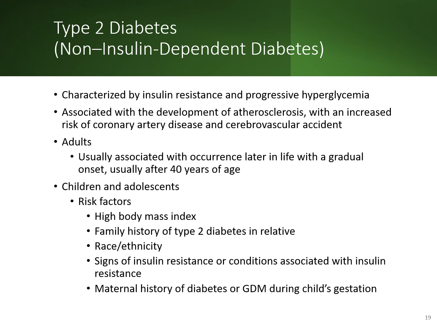And these individuals sometimes overindulge in the sweets as well. But type 2 diabetes is associated with the development of arteriosclerosis, and it also puts them at risk of having coronary artery disease or cerebral vascular accident, so strokes and heart attacks.